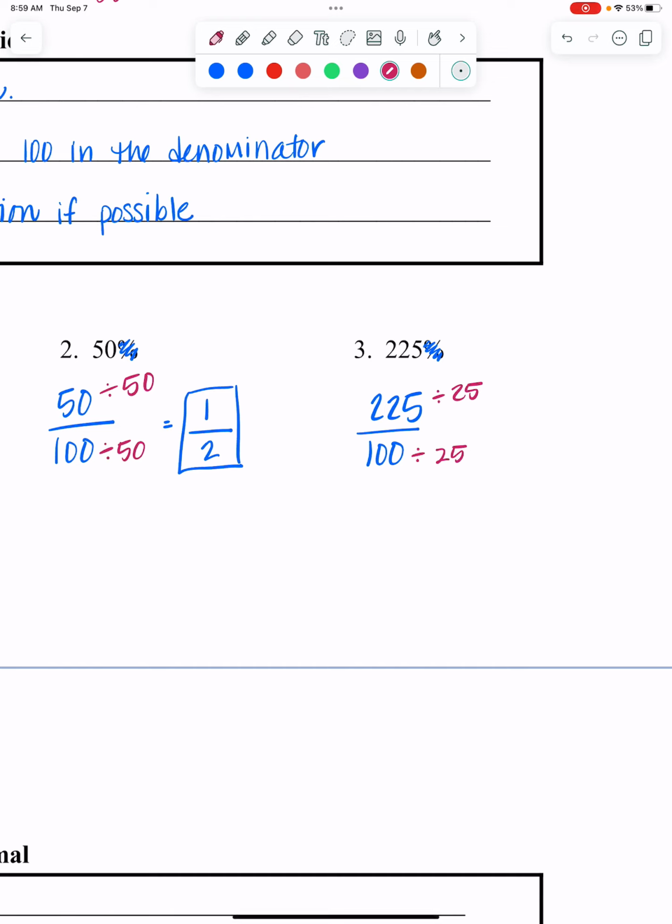If you need your calculator, by all means, pull it out. I know that 4 times 25 is 100, so 8 times 25 would be 200. 9 times 25 would be 225. And again, there are 4 25s inside 100, so 9/4 is a fraction equivalent for 225%.